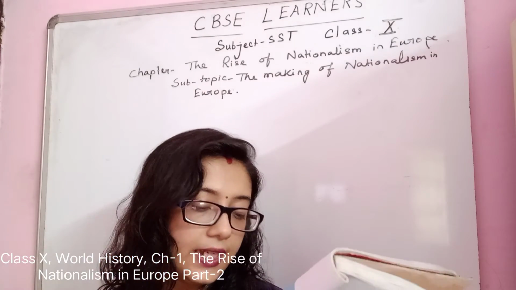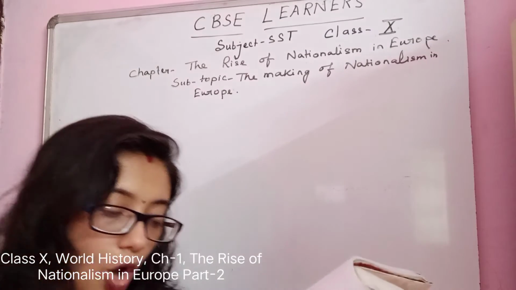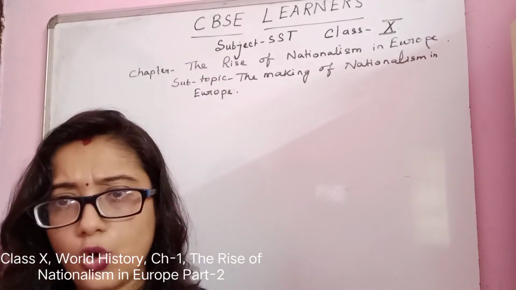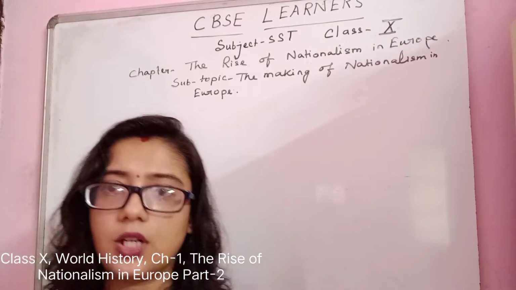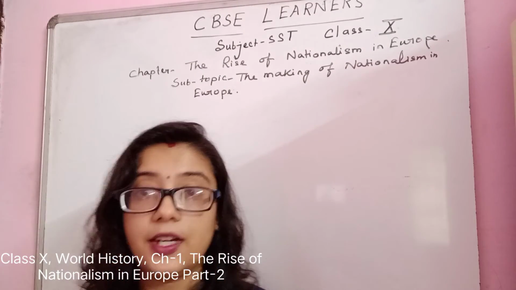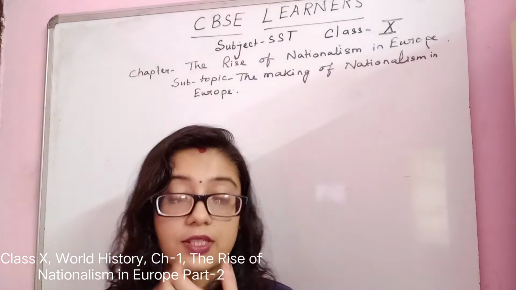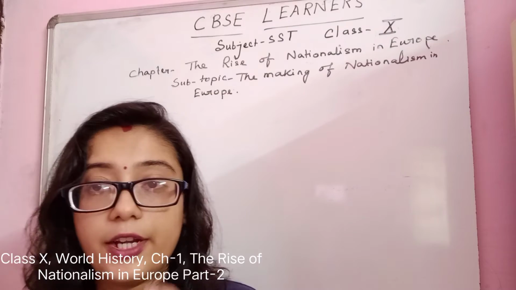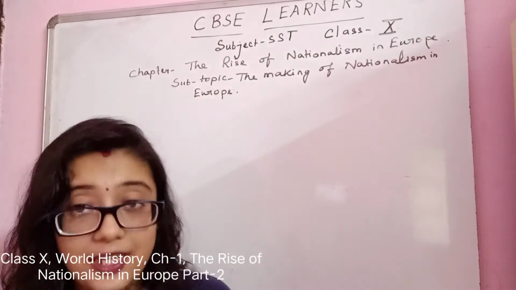Socially and politically, a landed aristocracy was the dominant class on the continent. Socially means in their society, and politically also. What does the term landed aristocracy mean?